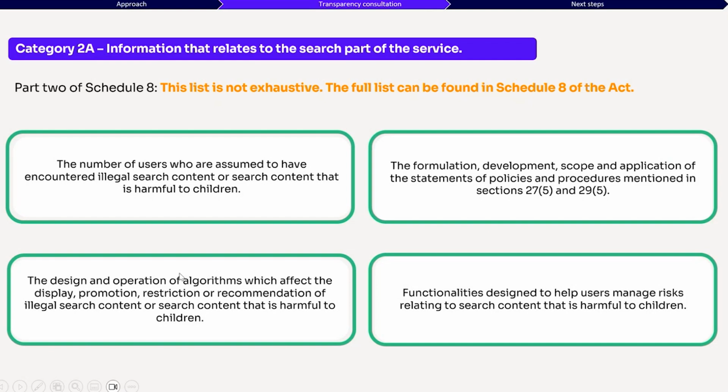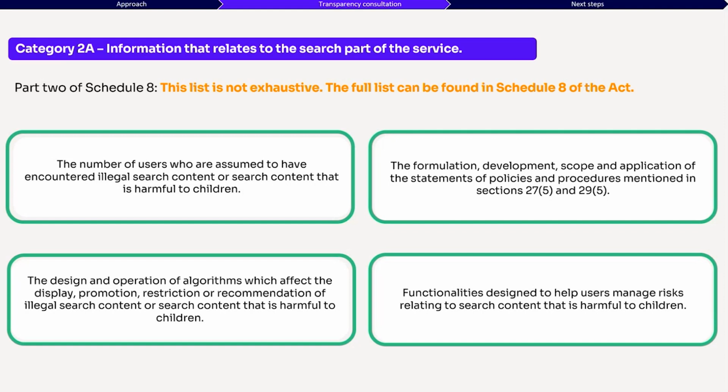Again, taking an example to give a bit more illustrative sense of what this might look like, we can require information about the functionalities that search providers have in place that help users manage risks of search content that is harmful to children. So if we're going to take that a little bit further and think about what it might look like or feel like in practice, we could ask about the measures that search providers have in place to identify or to manage risks of content that is harmful to children, including of a really specific type.